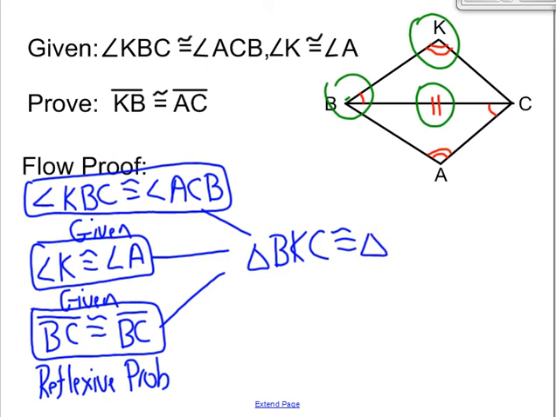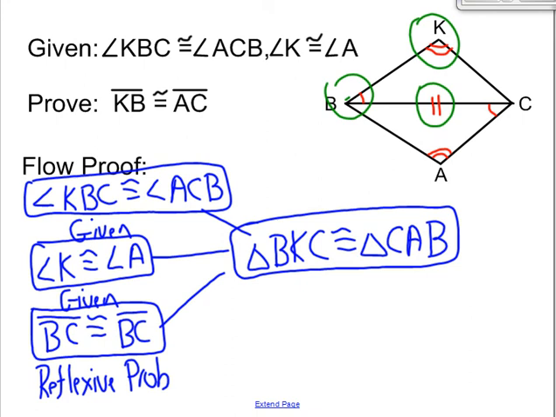The corresponding part to B is going to be C, the corresponding angle to K is going to be A, and the corresponding angle to C is going to be B. Okay, so I know these two triangles are congruent. Why do I know this? Because of the angle, angle, side theorem.